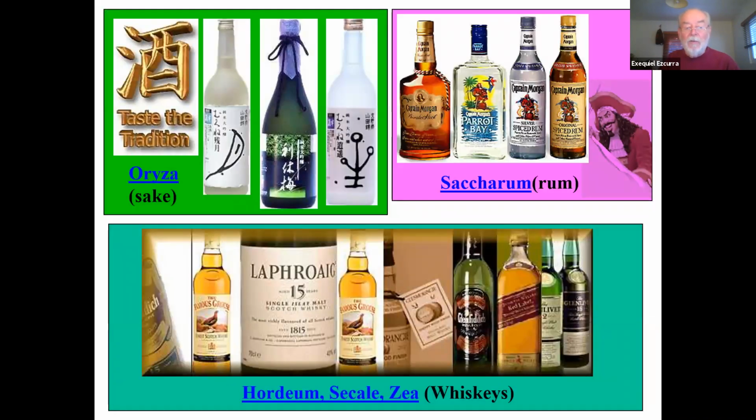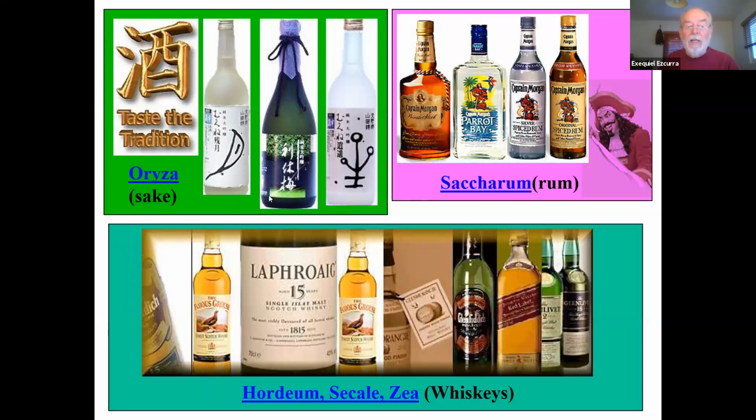And of course, drinks in general, alcoholic drinks. We make them, by we I mean human beings, from all sorts of grasses. From rice, we make sake. From sugarcane, we make rum.